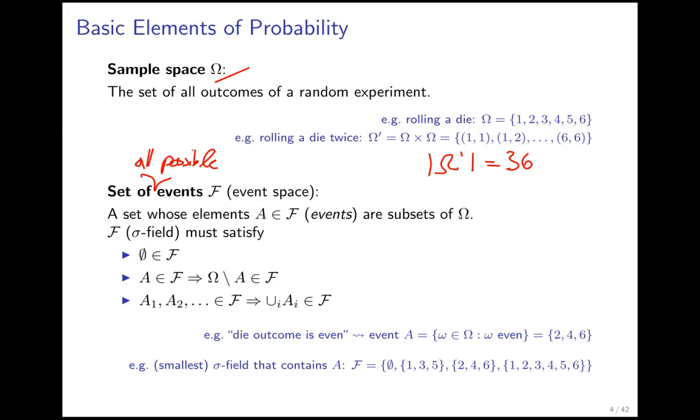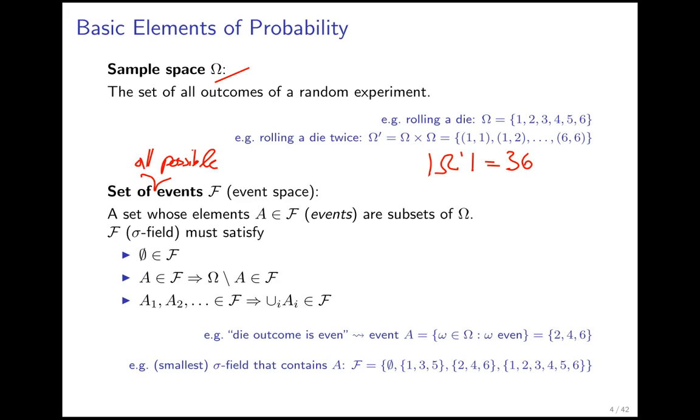So we know that the empty set is in F, so F itself is not the empty set. The second axiom says that if you have an event A that is in the sigma field F, then also the counter event, omega without A, has to be a possible event.